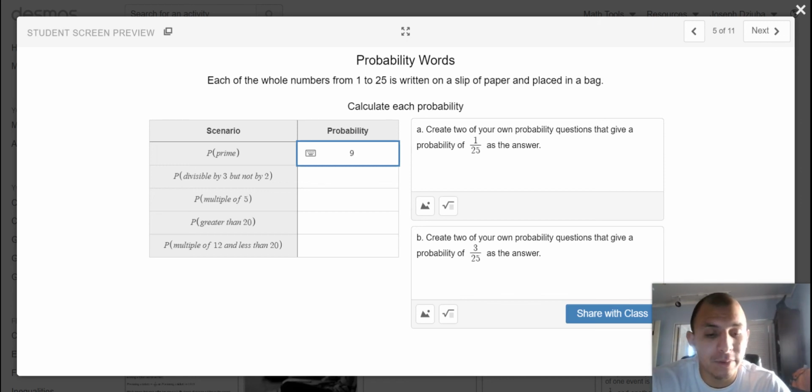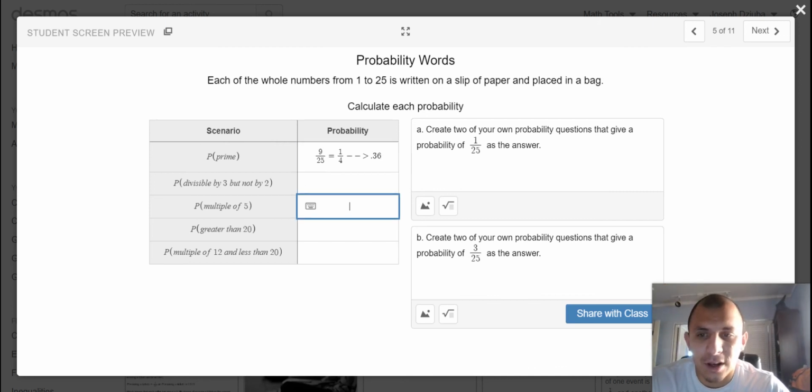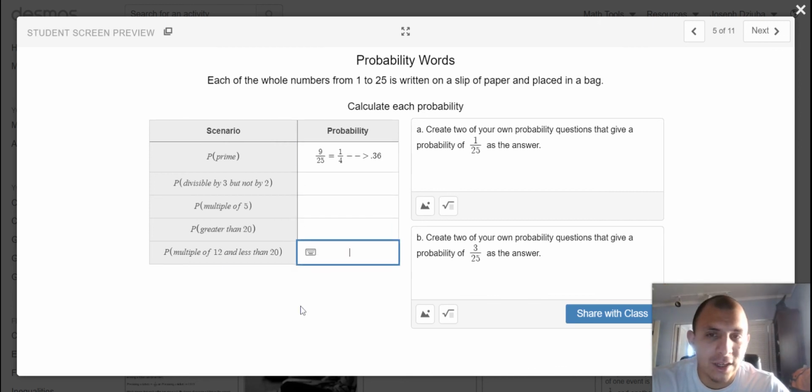So there's 9 prime numbers out of 25 in the bag. That would equate to roughly a 36. Oh, that's interesting. So 36, well, let's reduce that first. All right, so 9/25, which is approximately 36%. I don't want to do the percent symbol here because it keeps typing in "of." Right, so you'll replicate that process, but based on the context given here within the parentheses.